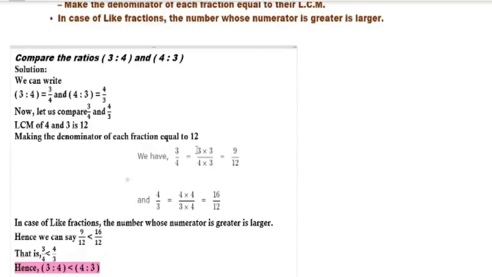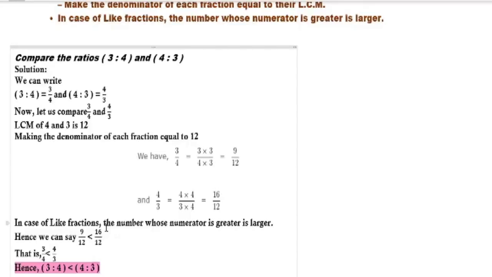So we get 3 by 4 equal to 9 by 12. So 12 is the LCM. Similarly, 4 by 3, we convert by multiplying by 4, you will get 16 by 12. So these two fractions are now equivalent fractions. Here the denominator is the same, so you can compare them.